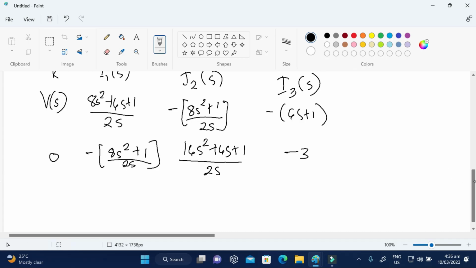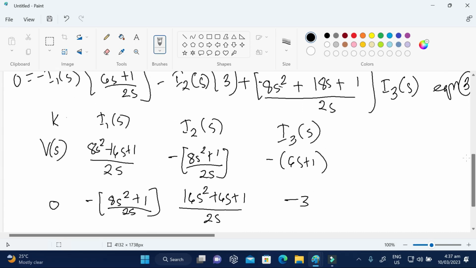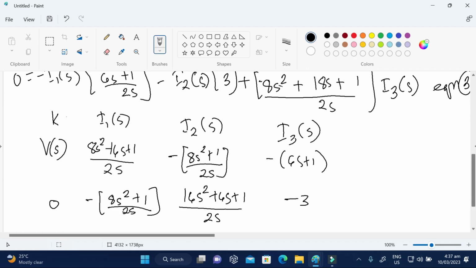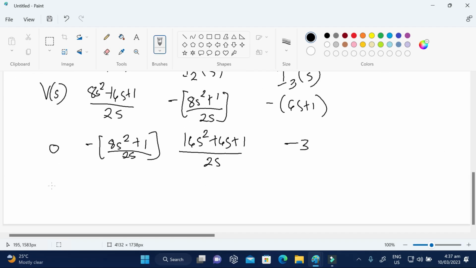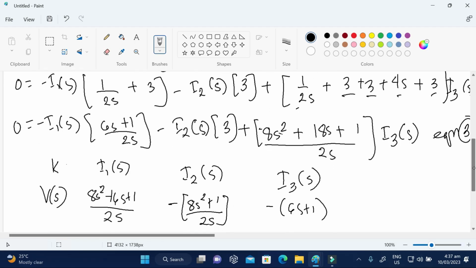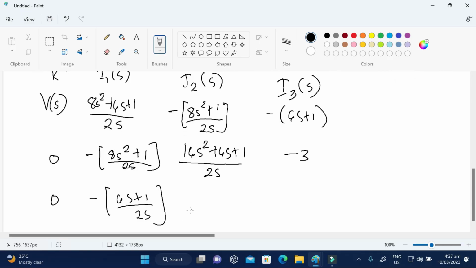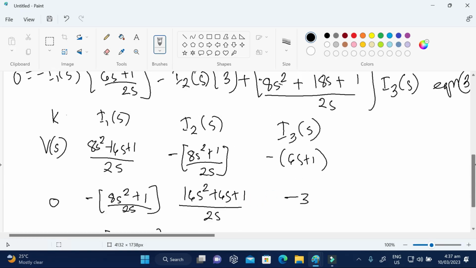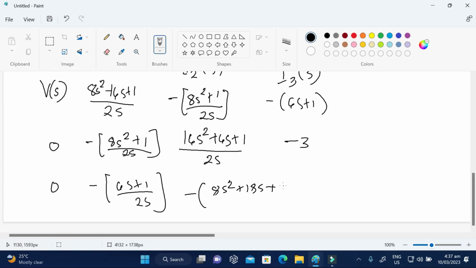Tapos para sa loop 3, okay, we have equation 3, 0 ulit ito, negative 6S plus 1 over 2S. Okay? Tapos sa I2, ay negative 3S. Okay? Minus 8S squared plus 18S plus 1 over 2S. Okay.